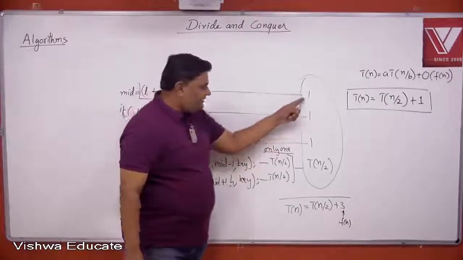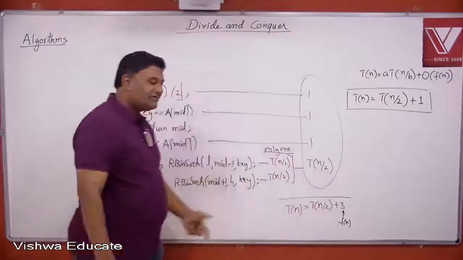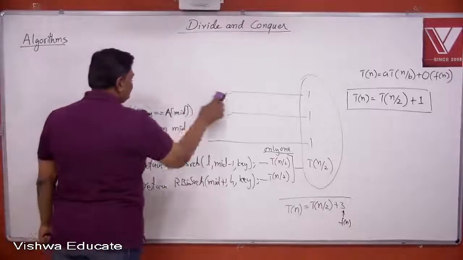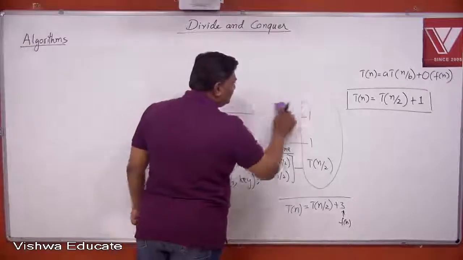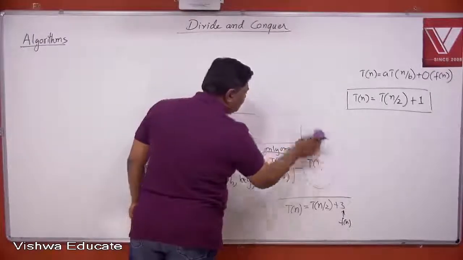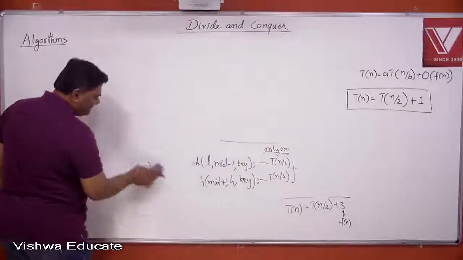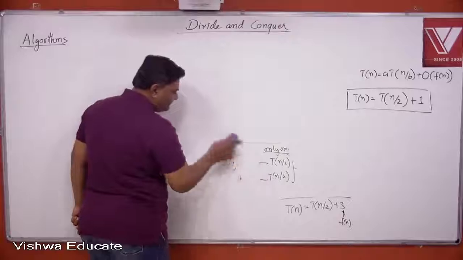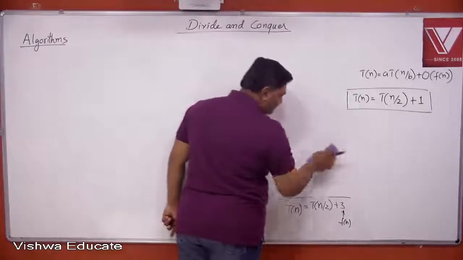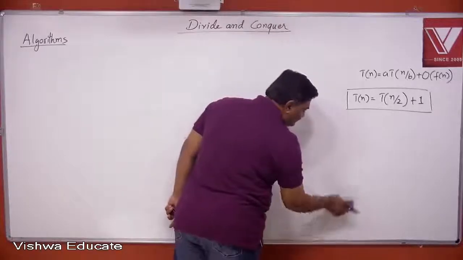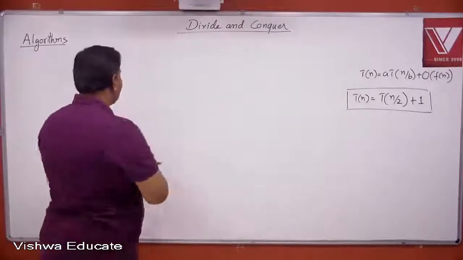So finally, we don't have to count all these and write. These are constant values, so write 1 only there. That is the recurrence relation.